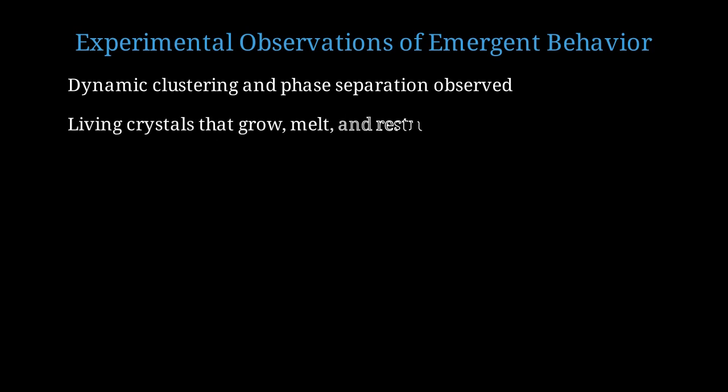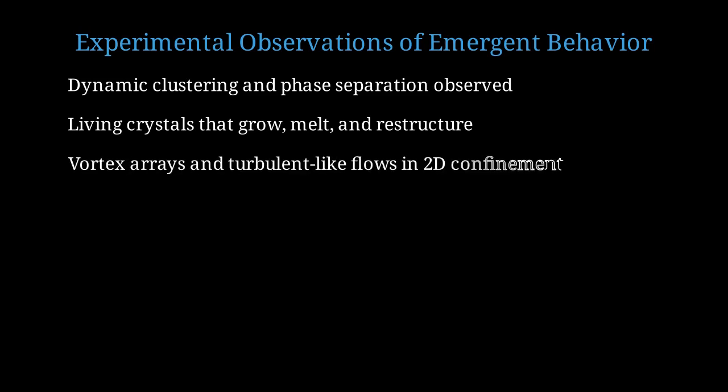Some experiments have shown living crystals, ordered arrays of active particles that can grow at one end while melting at the other, constantly restructuring themselves. These are crystalline structures in perpetual motion. In quasi-two-dimensional confinement, collections of active particles can form vortex arrays or even turbulent-like flows, with energy cascading across linked scales. This is active turbulence, conceptually different from classical turbulence.